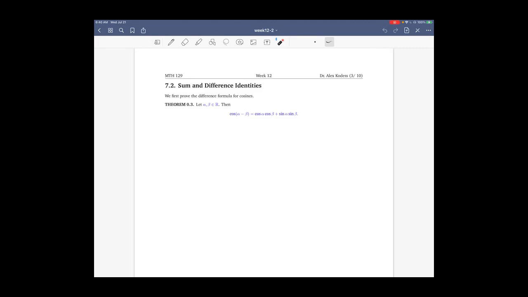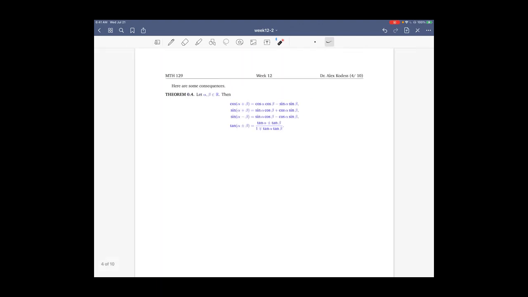The next set of identities is the so-called sum and difference identities, of which the most important one, from which we will derive everything else, is the cosine of a difference formula. So cosine of alpha minus beta is product of cosines of the two arguments plus product of sines of the two arguments.